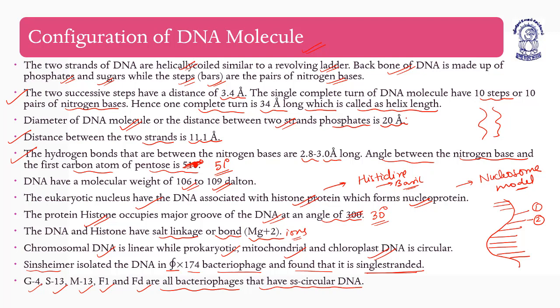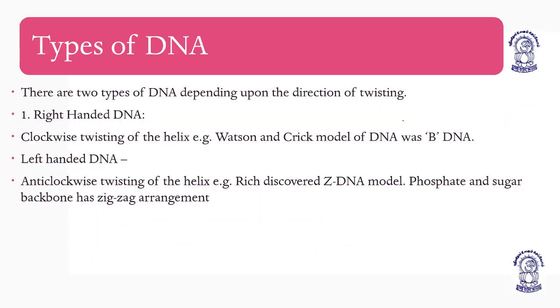The protein histone occupies the major groove at an angle of 30 degrees. Histone proteins are rich in histidine and arginine, which makes the nucleoprotein or nucleosome model. 3.4 angstrom is the distance between two steps, and the total length of 10 steps is the helix length, which is 34 angstrom.